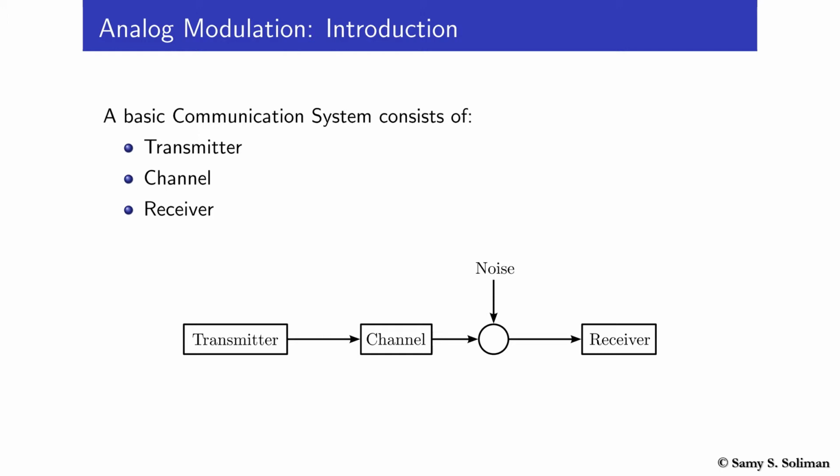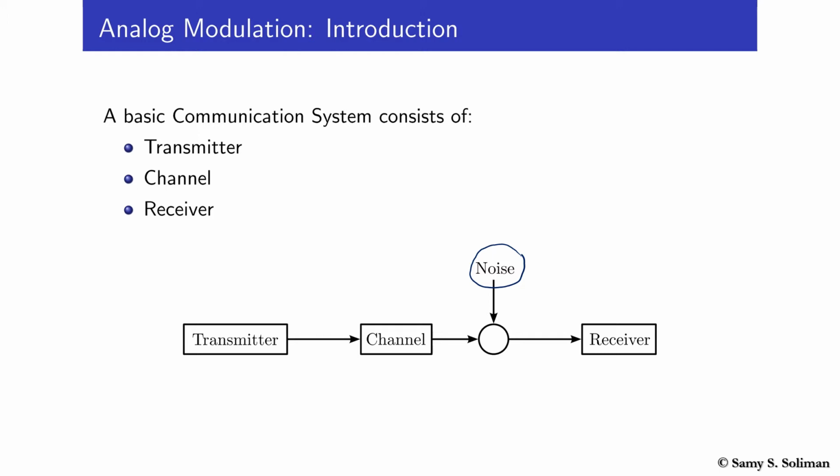Unfortunately, the link between the transmitter and the receiver, this is what we call the channel, might not be ideal. It might have many sources of impairments. One of the main sources of impairments in such a channel is what we call noise. Noise is in general any unwanted signal or any unwanted information added to the information that needs to be transferred from the transmitter to the receiver.